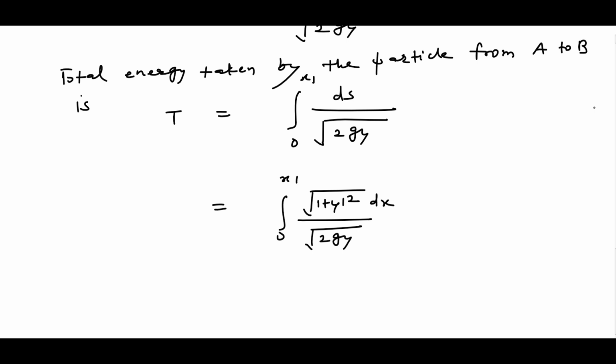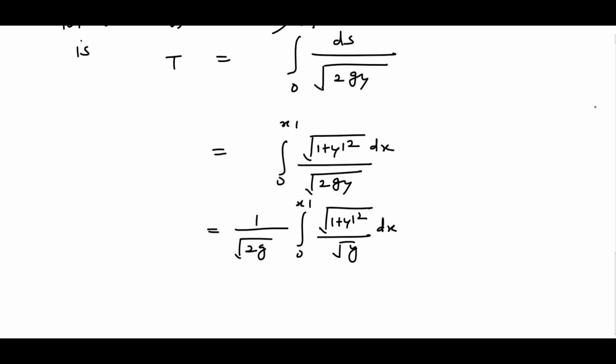So we can write here 1 upon root 2 g, integral from 0 to x1, of square root of 1 plus y dash whole square over root y dx. So it becomes a functional, T of y of x, equal to this.